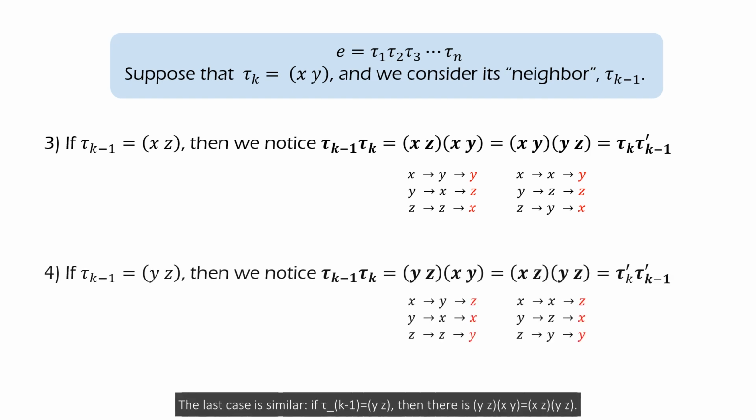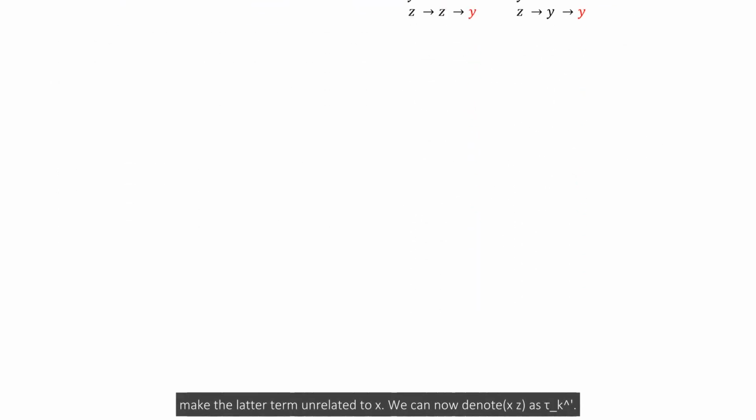The last case is similar. If τk minus 1 equals to bracket yz, then there is bracket yz bracket xy equals to bracket xz times bracket yz. And now bracket xz is not τk anymore, but it's related to x. So we then denote bracket xz as τk prime.